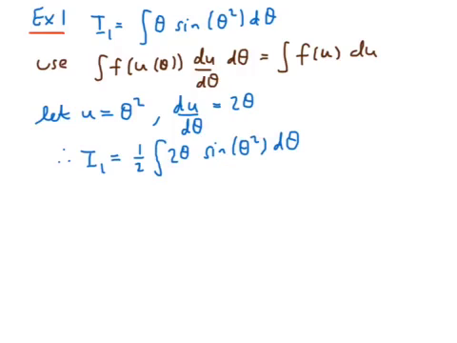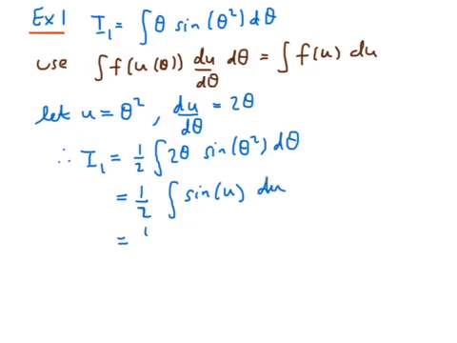This is my new variable, this is the derivative of the new variable with respect to the variable that I'm integrating with respect to initially. So I can write this as a half, and then I have the sine of u. This is du d theta integrated with respect to theta, so that's equivalent to just integrating with respect to u.